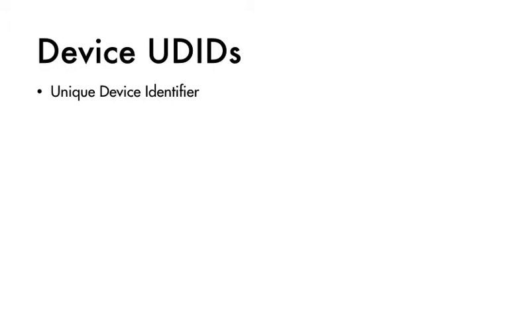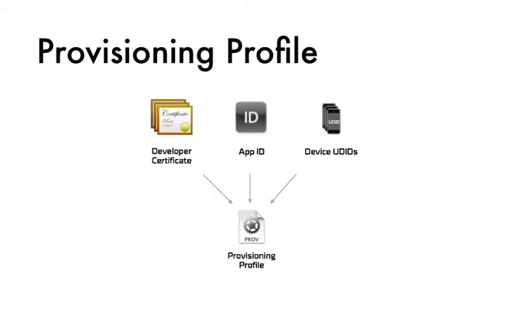Another is which devices this app can run on. They use all this information to decide whether this app can be installed on the device.